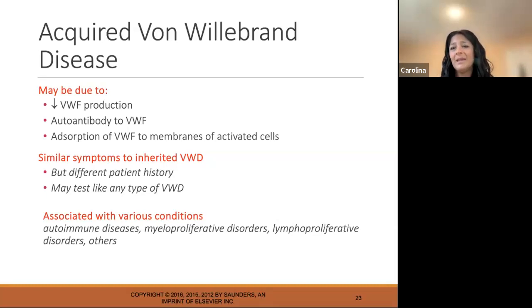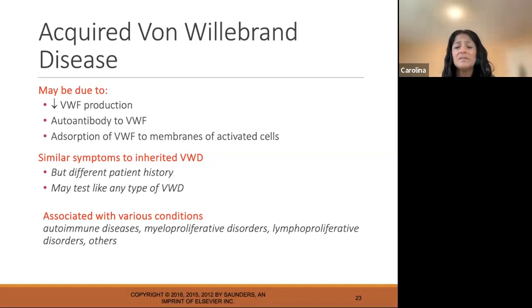And it has been described in people that have hypothyroidism, monoclonal gammopathies, Wilms tumor, intestinal angiodysplasia, congenital heart disease, pesticide exposure, uremia, lupus erythematosus, autoimmune lymphoproliferative disorders, and myeloproliferative disorders, okay? So basically, it's secondary to a particular condition, and it resembles von Willebrand's disease.